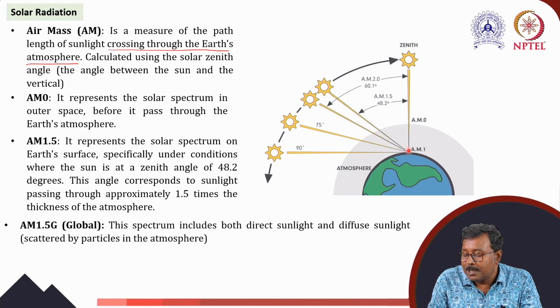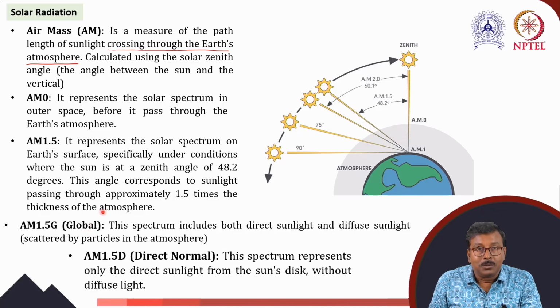So the radiation may increase or decrease, depending on the total value. This is called AM1.5G, the global total. It includes both the direct sunlight and the diffuse sunlight scattered by particles in the atmosphere.